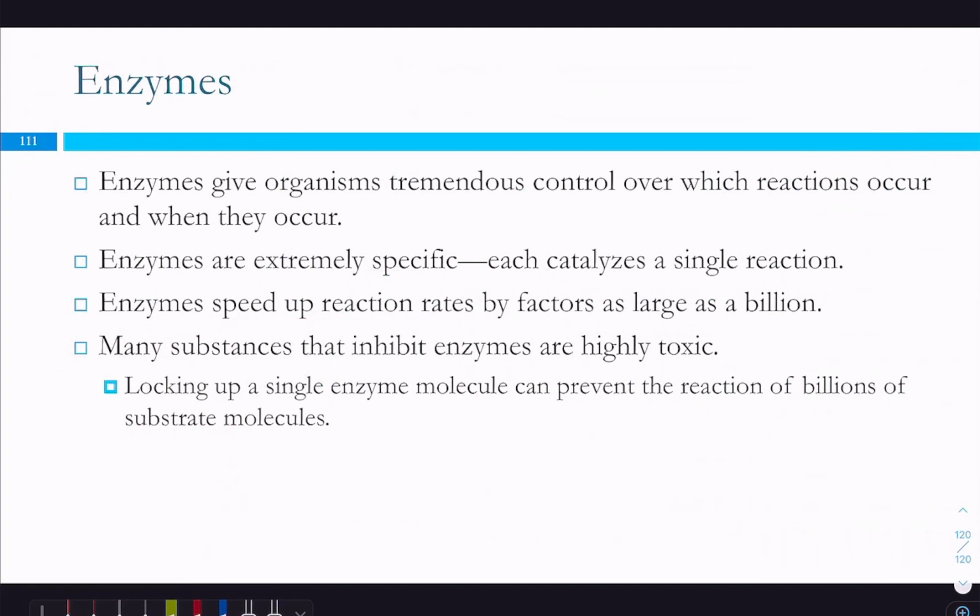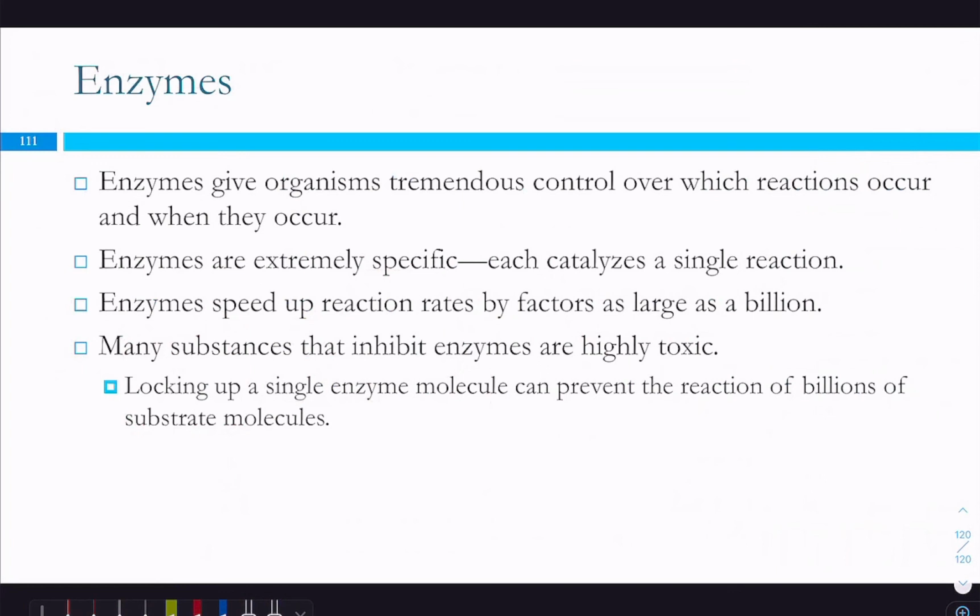So it's happening 1 billion times faster than it would otherwise. And many substances that inhibit enzymes are highly toxic because they're stopping these processes that don't happen otherwise. So locking up even just a single enzyme molecule can prevent the reaction of billions of substrate molecules.